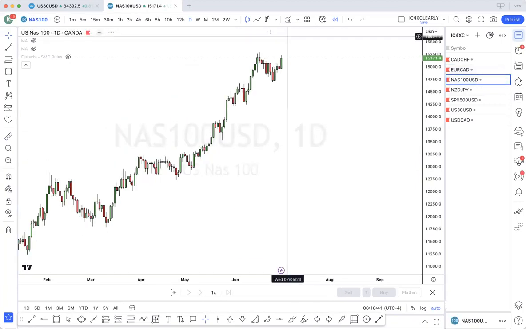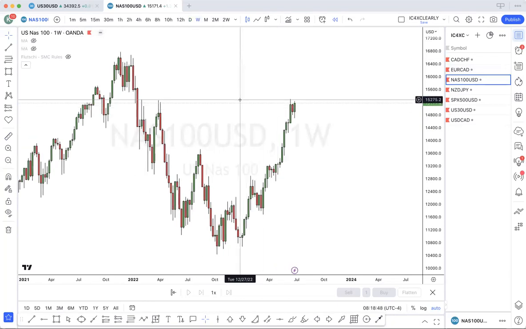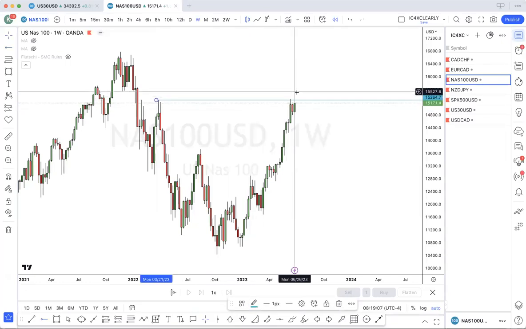Okay, we have NAS. NAS, we have a bullish order block. So price is currently at this high. There were equal highs here where there was liquidity that got taken out.